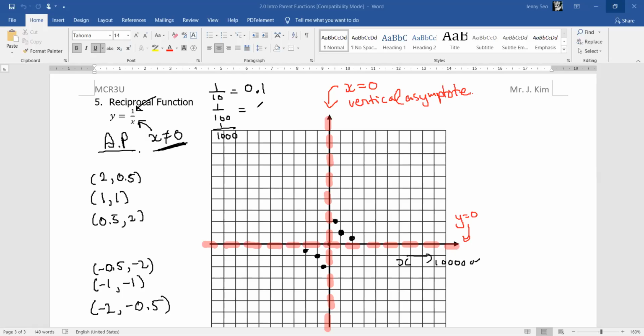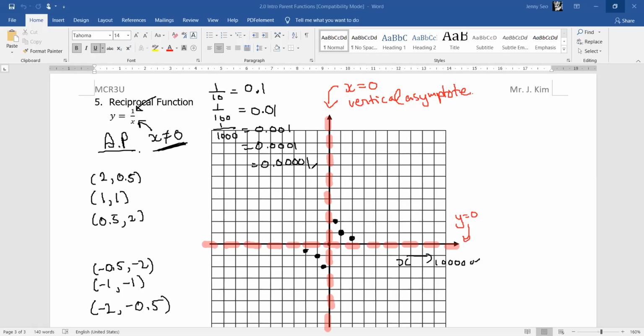What is 1 divided by 100? 0.01, good. And then, if it's divided by another 0? One more 0, good. And it gets smaller and smaller the further we go along the x-axis.